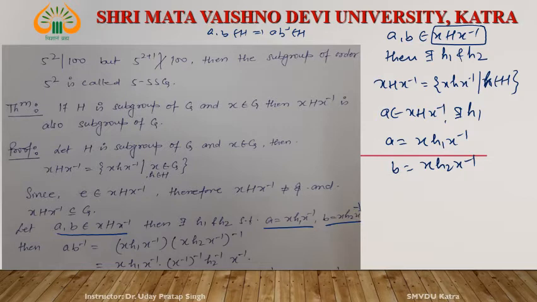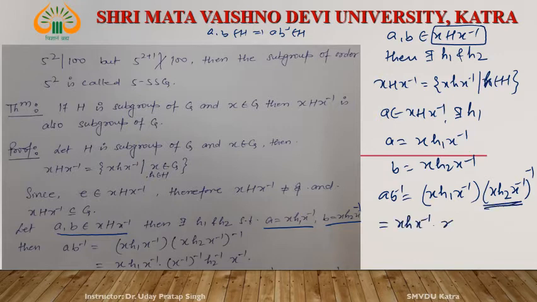Then what is a b inverse? a b inverse is x h1 x inverse times x h2 x inverse whole inverse. Apply the reversal rule here.